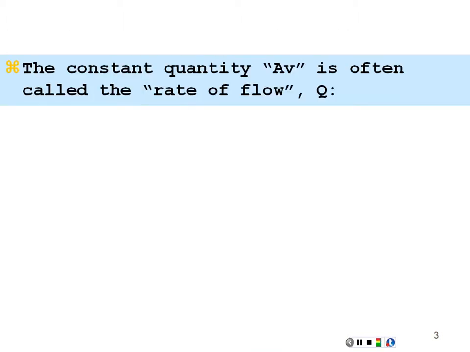If we say that the area times the velocity is a constant value, we can actually say that that is the rate of flow, which we designate by Q. So Q is our rate of flow, the amount of volume per time that passes a point, and that is equal to the cross-sectional area of the pipe times the velocity at that point.